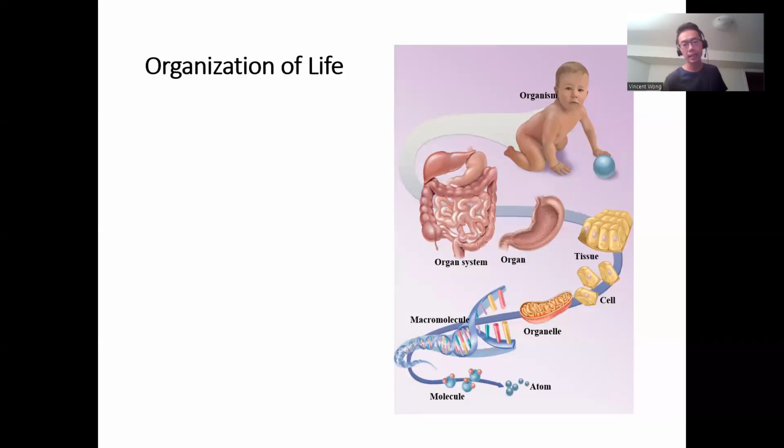So we learned in lecture 2 that everything in the universe is made up of elements, and the smallest form of an element is atoms, right? So we know there are essential elements that make up life, 5 of them.